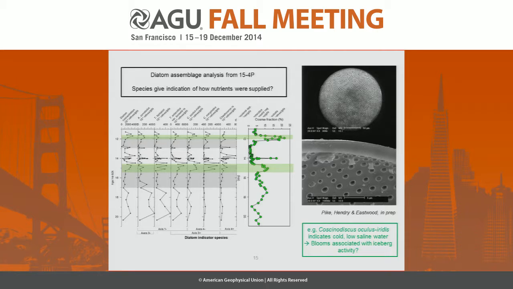And we know from the modern, there have been ecological studies done of these guys, that they really like cold, low salinity Arctic waters. So this feeds in quite nicely the idea that these diatom blooms are more likely being caused by iceberg activity, iceberg melting, or perhaps even frontal movements, bringing more Arctic waters into the site during these times.